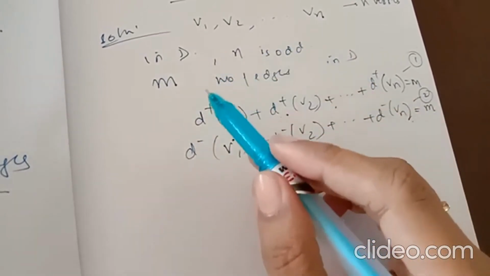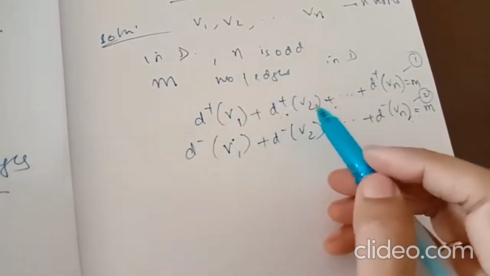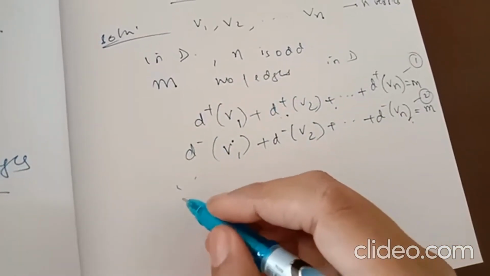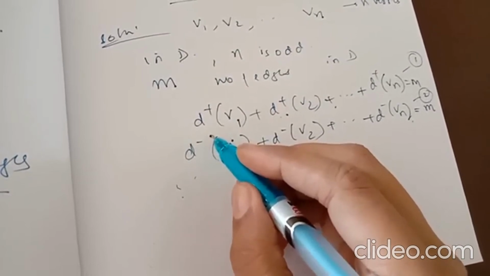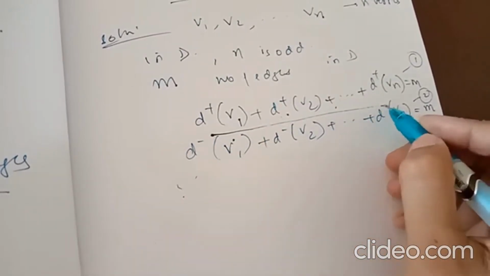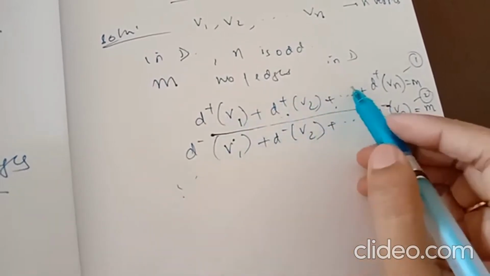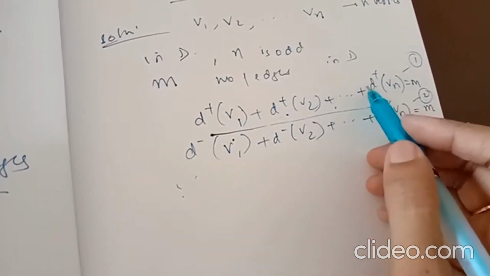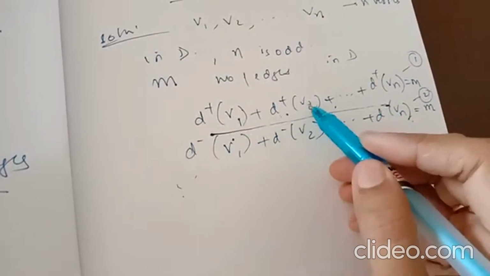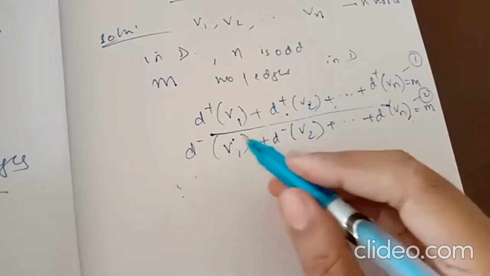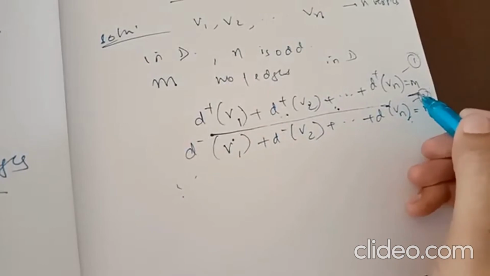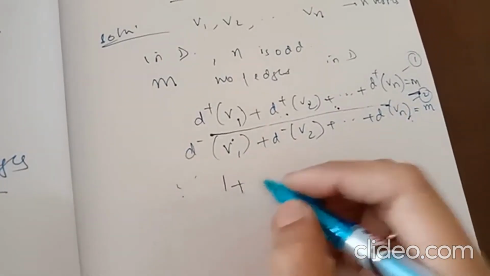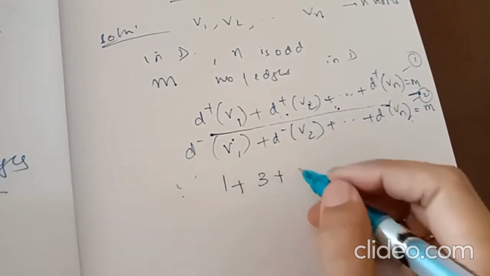Is it the sum of all the n odd numbers? Yes, right? So the left hand side is the sum of all the n odd numbers. So since n is odd, the sum also must be odd.